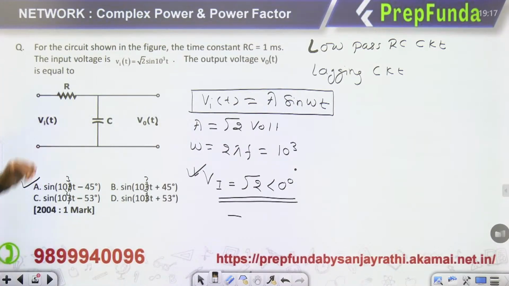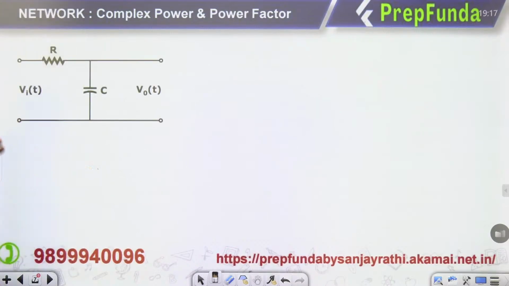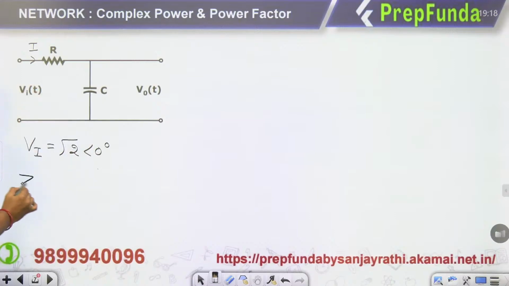Now, in this particular question, suppose we are going to calculate the current. This is the v(t) and this is the I. Already I have said the Vi in phasor notation is given by root 2 angle of 0 degree. Now what is the impedance?